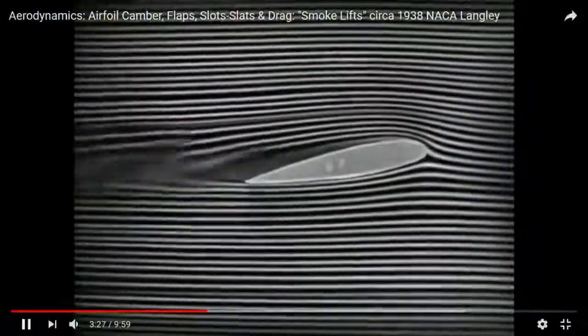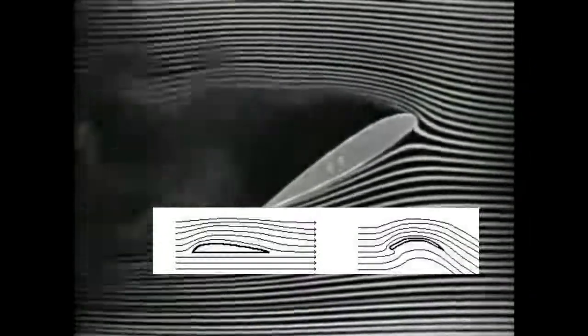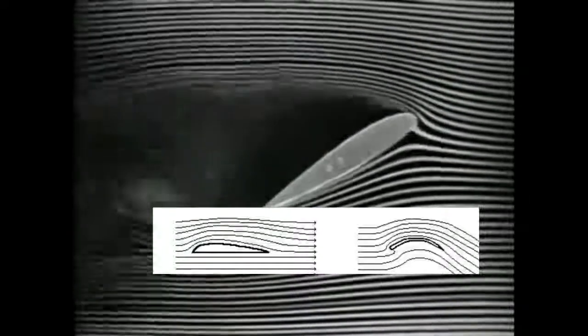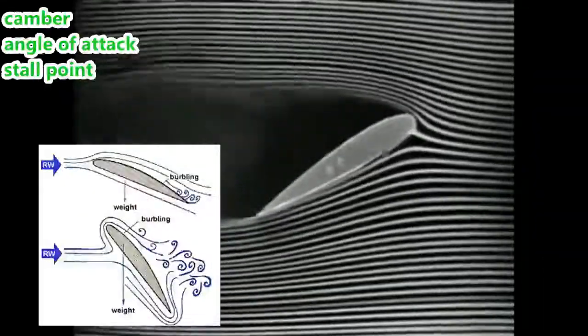Optimizing these angles really depends on so many aerodynamic and hydrodynamic principles, and it's affected by things like the shape of the sail, for example the amount of camber, the efficiency of the sail, the angle of attack, the stall point. All these things come into play then.